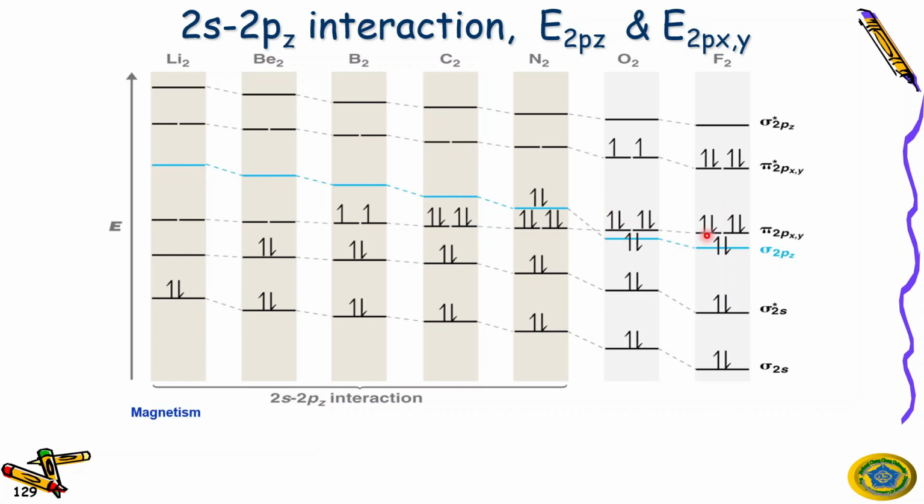For the magnetism, take a look, where is the unpaired electron? This is unpaired, so paramagnetism, and this is diamagnetism, and this is diamagnetism, and then this one is paramagnetic, and this is diamagnetic. When you see unpaired electrons, you realize it is very likely a paramagnetic material.